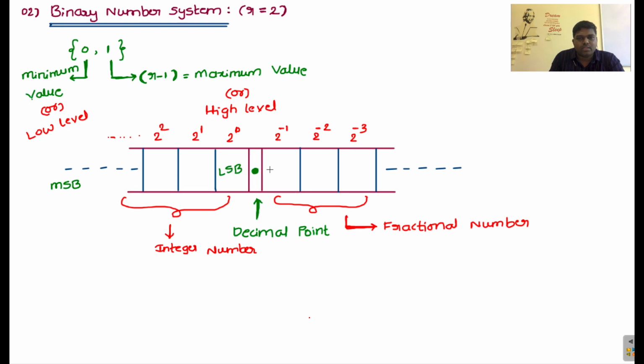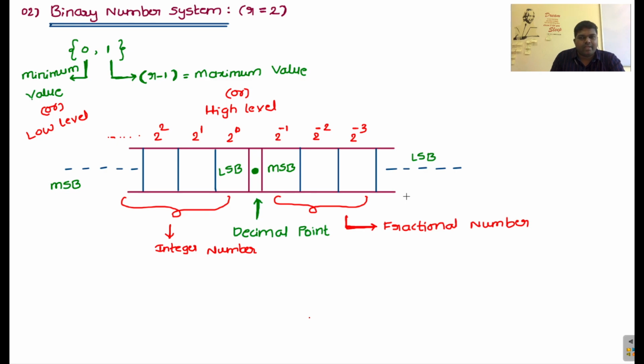In the integer portion, the leftmost bit is called the most significant bit and the rightmost bit is called the least significant bit. In the fractional portion, the leftmost bit is called the most significant bit and the rightmost bit is called the least significant bit.